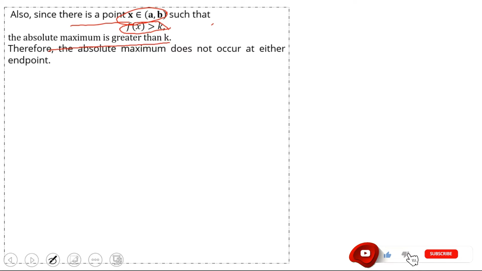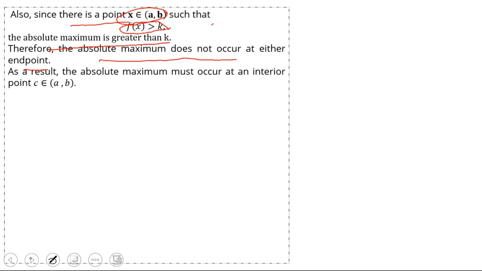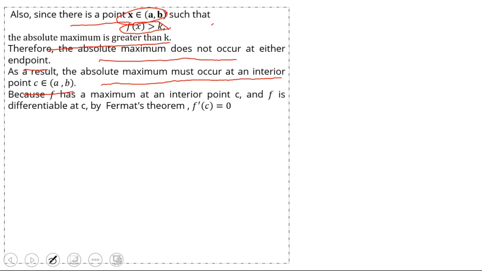Therefore the absolute maximum does not occur at either end point. As a result the absolute maximum must occur at an interior point, and that interior point is c, that belongs to our open interval.